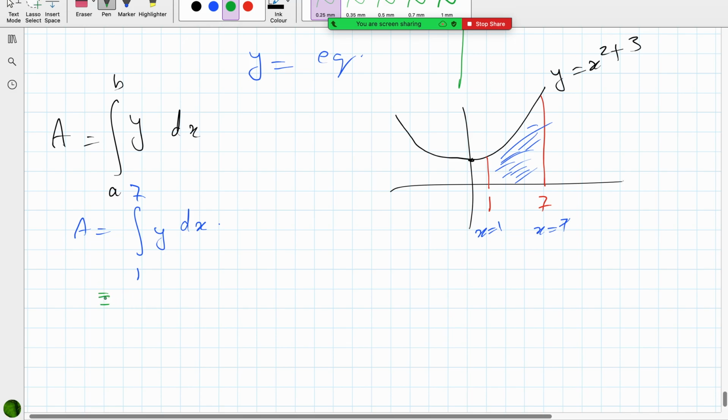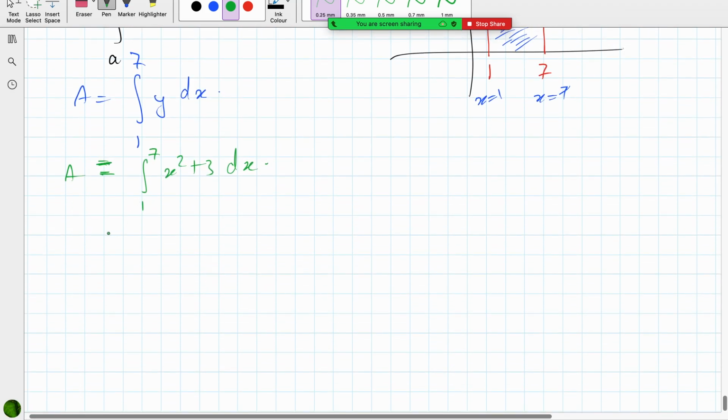I'm coming to that point why we do not add c. So integral from 1 to 7 of x square plus 3 dx. Now this is integration: x cube by 3 plus 3x. We used to add plus c before, but we are not doing it, and this is why. This is 1 and 7.